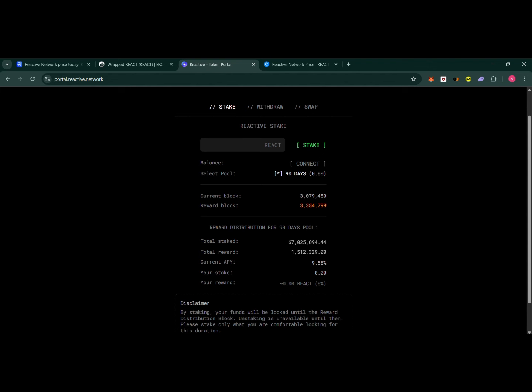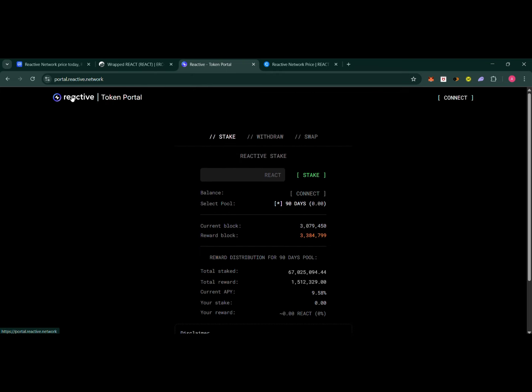So this is quite important to note, right? And the same goes for 60 days or 90 days. So if you're staking for those number of days, always remember that your token would not be accessible until the period ends. Okay? So you have the staking feature in Reactive Network.